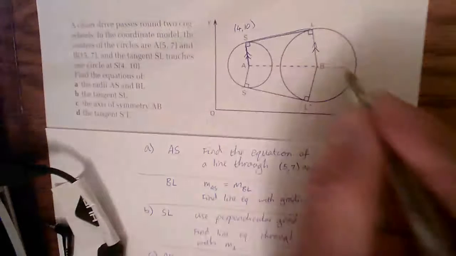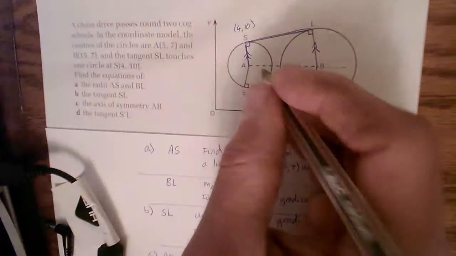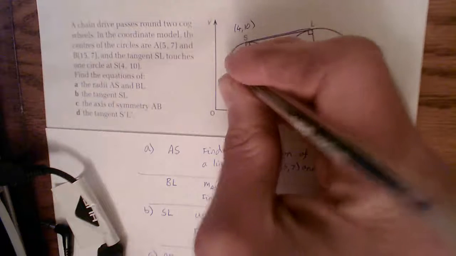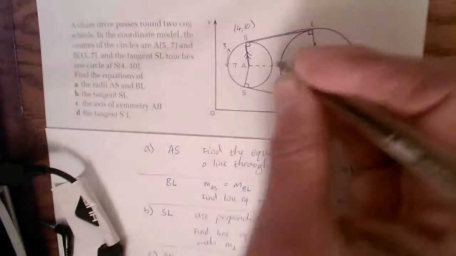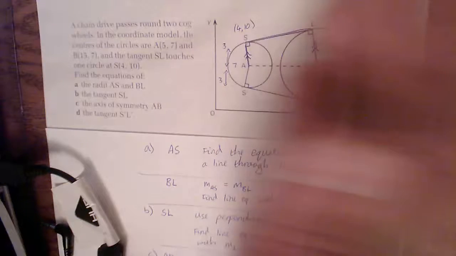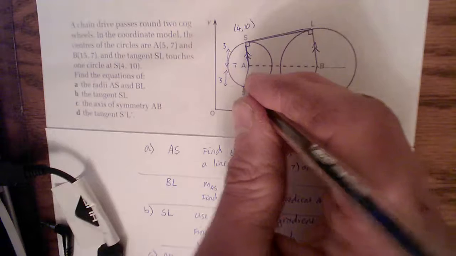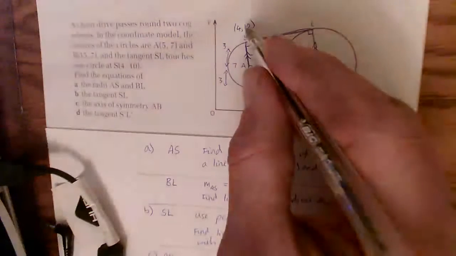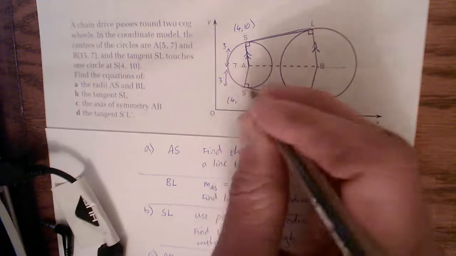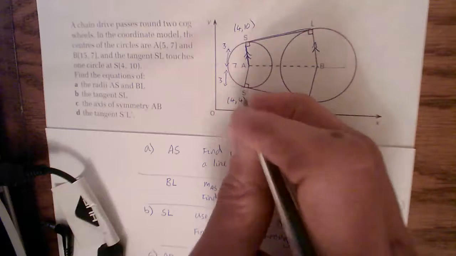We're told this is a line of symmetry, and the height of A is up by 7 units. So we've got a vertical distance here of 3. So if it's a line of symmetry, the point S must be the same distance, but it must be 3 below the line. So that tells us that this point here is the point 4, and it's 6 below this one, so 4, 4.